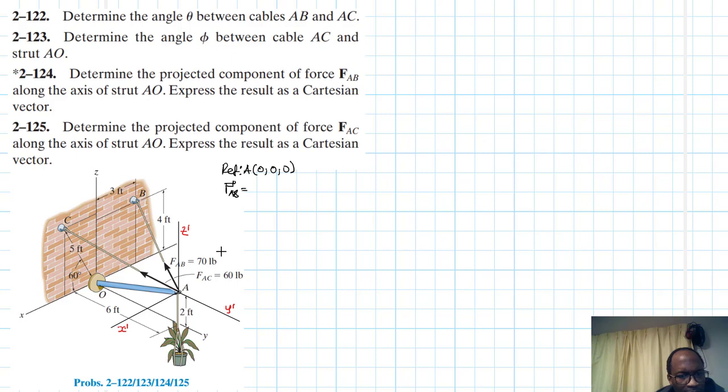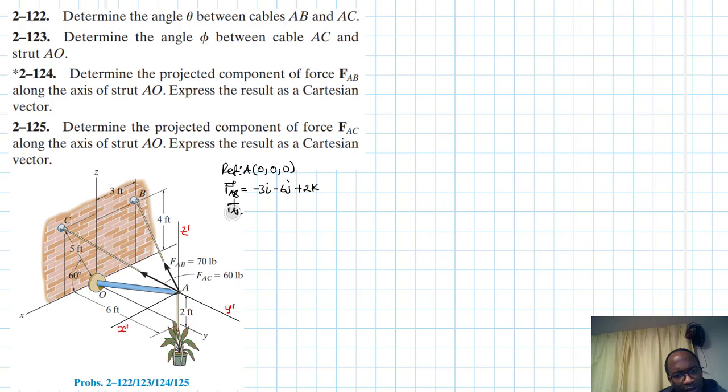It's -3 in the x-axis, -3i. In the y-axis, it is -6j. And in the z-axis, we have 4 minus 2, that's a 2, so it's +2k.